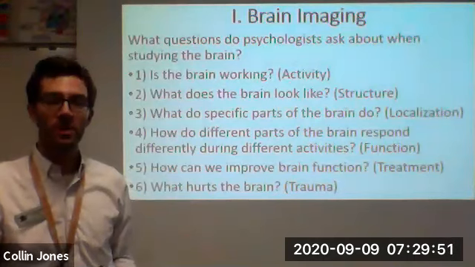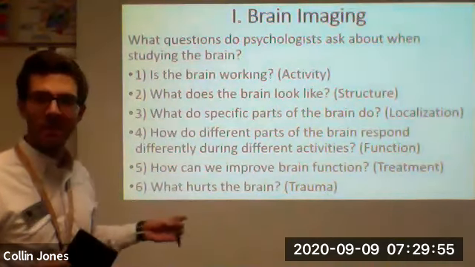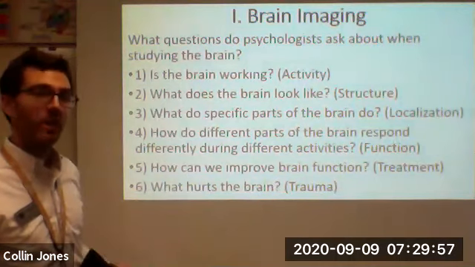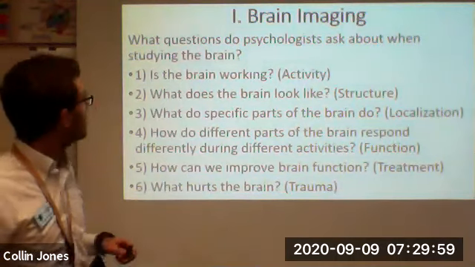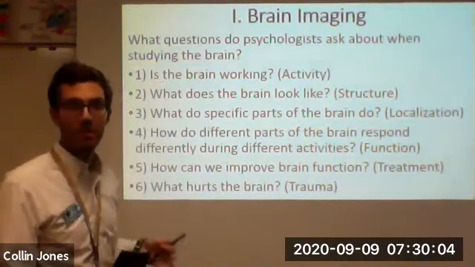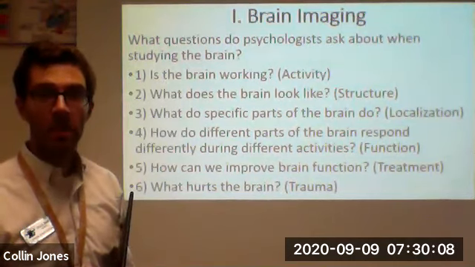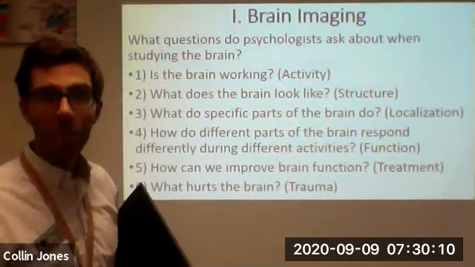So there are 6 questions that researchers ask about the brain. You don't need to write anything down on this slide. Just be thinking to yourself, which of these questions interests you the most? Is the brain working? Pretty basic question, like, is this person's brain on? Think about someone who's been in an accident or someone who's had brain damage. Is their brain even working?